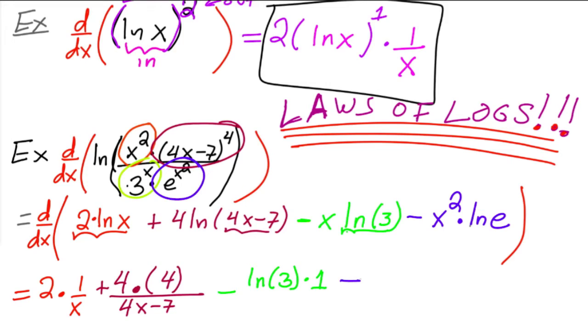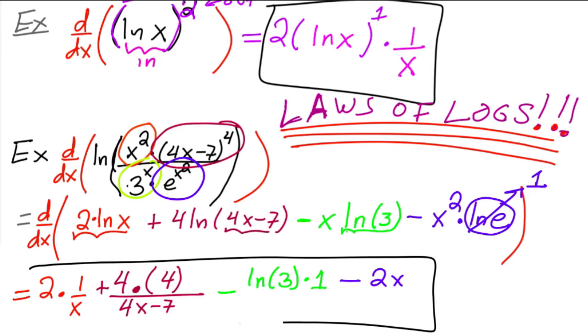Then minus natural log of e, which is also a constant, that one is actually just the number 1, times the derivative of x squared, which is 2x. And so, believe it or not, what initially seemed to be an incredibly insane problem was reduced to a pretty simple situation, if you think about it.